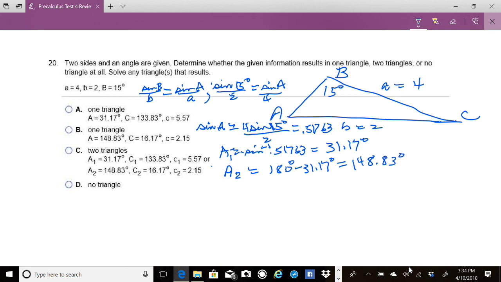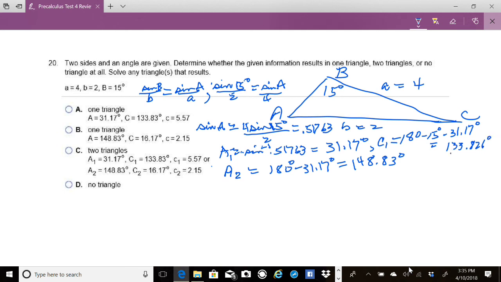So now, let's calculate C1. It is going to be 180 minus 15, which is B, minus 31.17 degrees, equals 133.826 degrees.